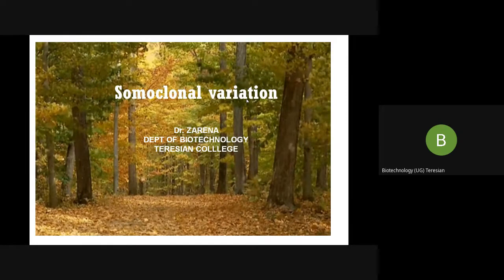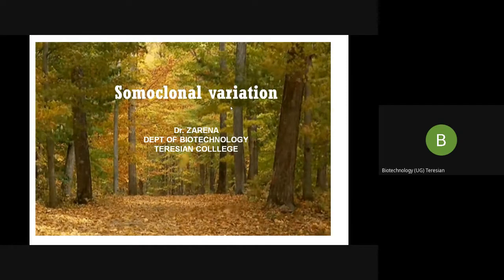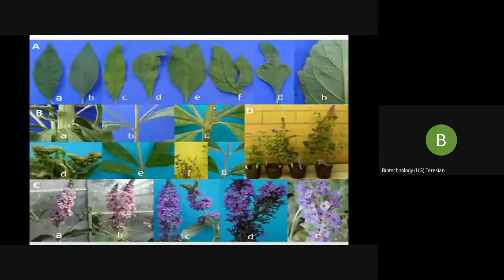So for example, if our objective is to do clonal propagation, okay, clonal propagation is what? I want to multiply one plant. For example, consider an X plant. I want to multiply that same X plant.